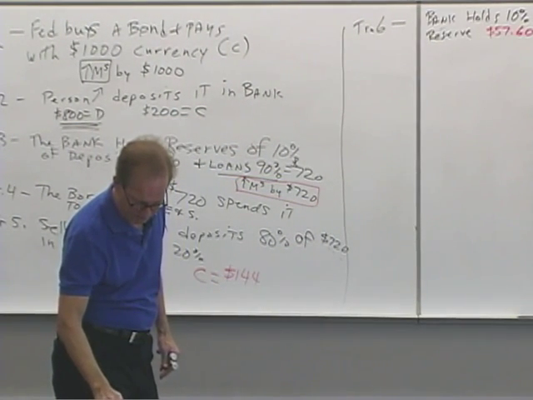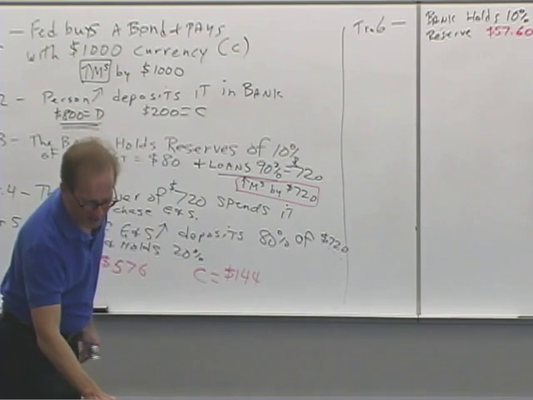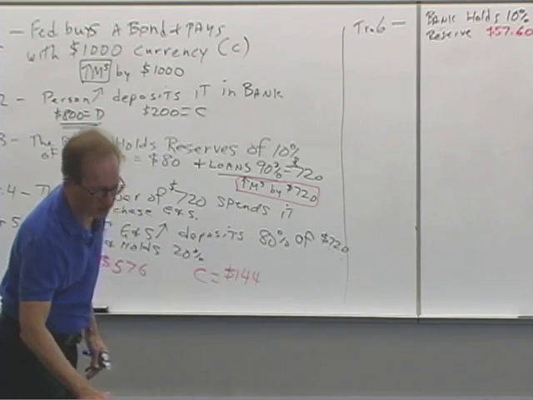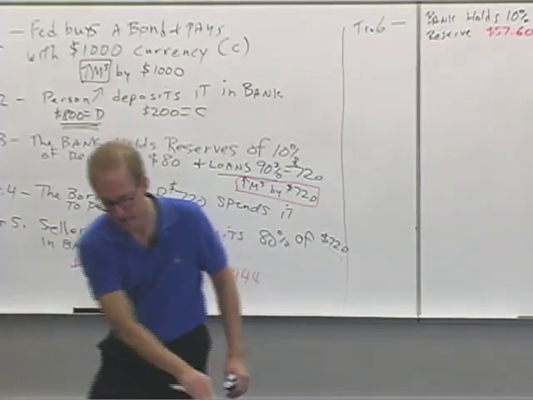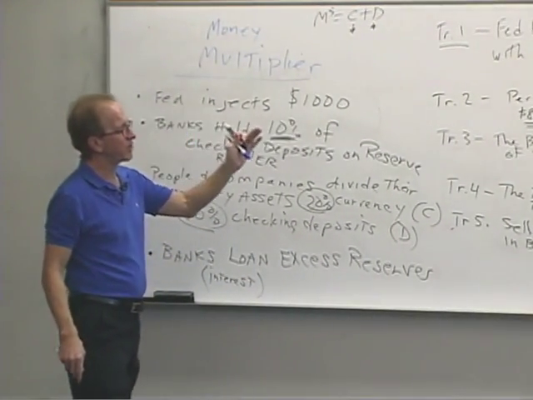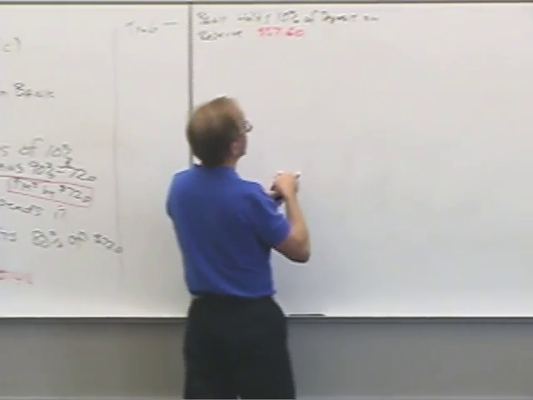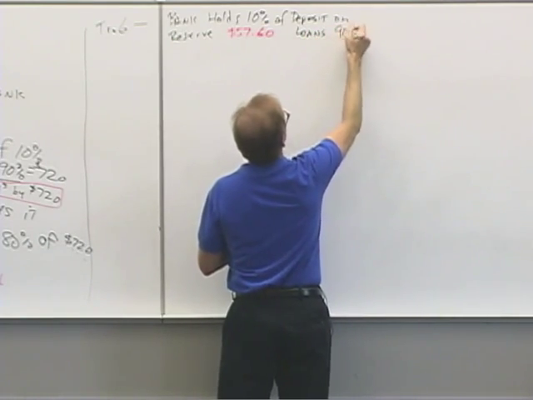What did I do wrong? Oh, I know what I did wrong. So, $57.60, and then it loans out the rest, right? Loans 90%.